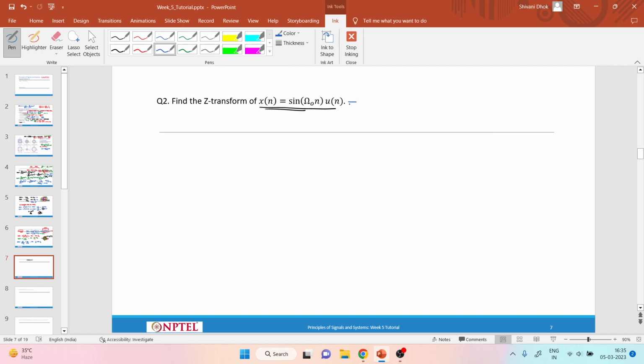So for doing this, we'll represent sine in the exponential notation, that is Euler's notation. So we can do it in this form, that is e power j omega naught n minus e power minus j omega naught n upon 2j multiplied by u of n.